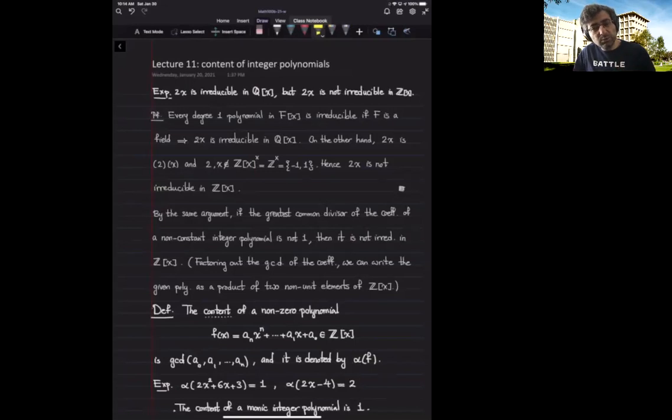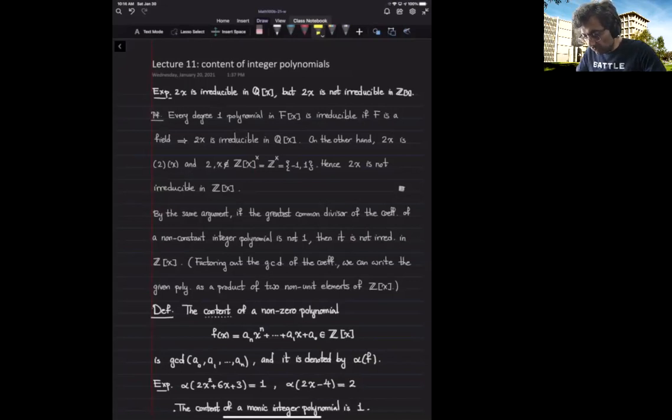But if I consider 2x as a polynomial in Z[x], then it is not irreducible, simply because I'm writing it as 2 times x, and neither 2 nor x are units. Therefore, 2x is not irreducible in Z[x]. So as you can see, there is this subtle difference between being irreducible in Q[x] and Z[x].